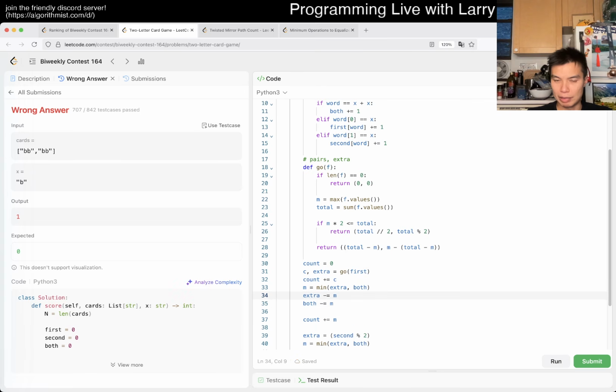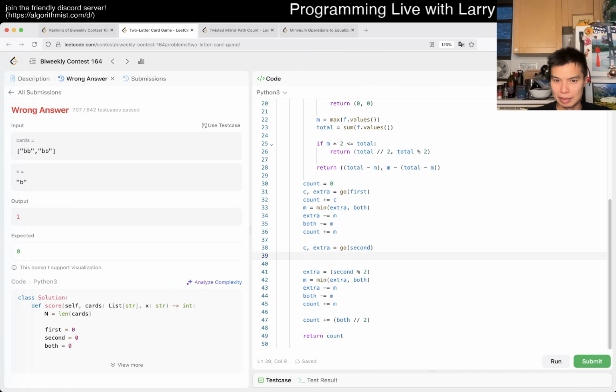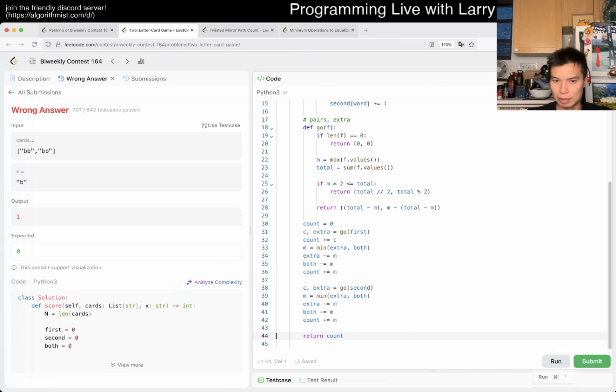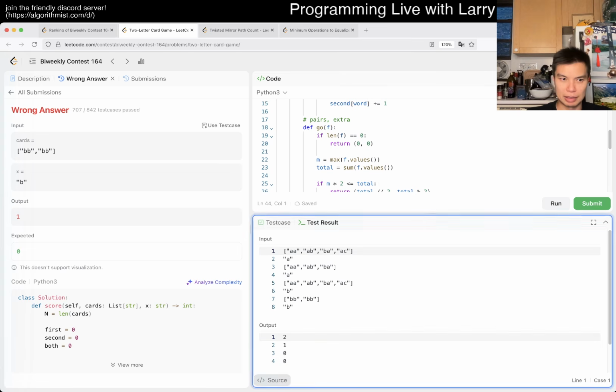And actually we don't care about the extra anymore, but I guess just to keep it consistent. And now C extra is going to go second. Let's actually put this in the test case before I forget. And then it's the same thing, and then we don't add the both leftovers because you can match it with itself.